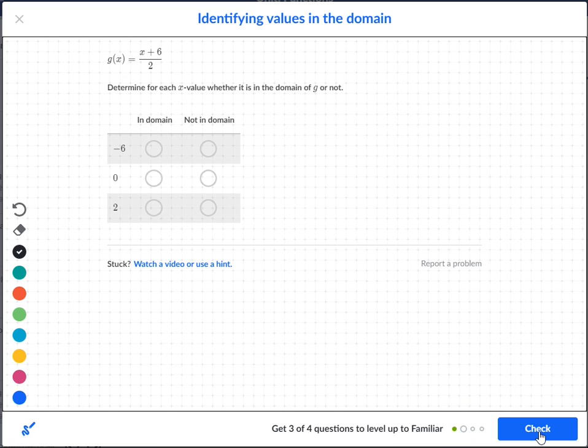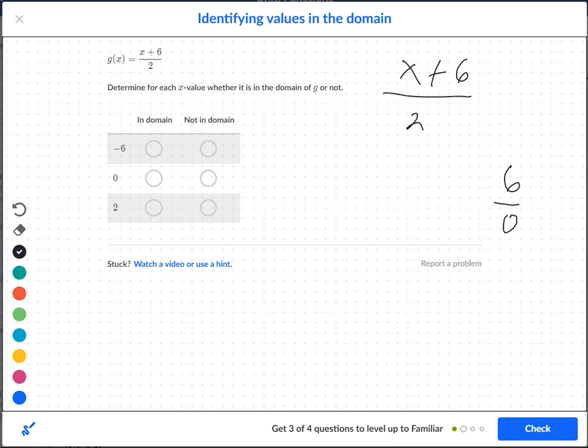Okay, now you have a fraction here. So here's your fraction, x plus 6 over 2. And like I told you before, you can't have this over 0. If you had, for instance, 6 over 0, that is not a fraction. That is impossible. That is no solution.